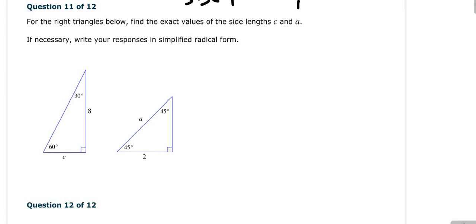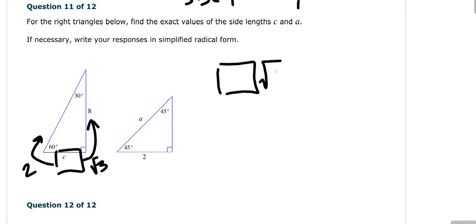You have to be comfortable with 30, 60, 90 and 45, 45, 90 triangles. So the short leg, going this way is √3. Going this way is times by 2. So something times √3 is 8. You know you need a √3 there. That gets us 3.